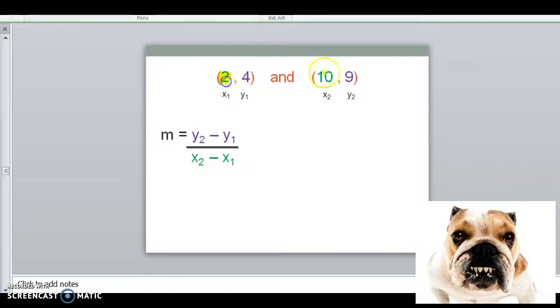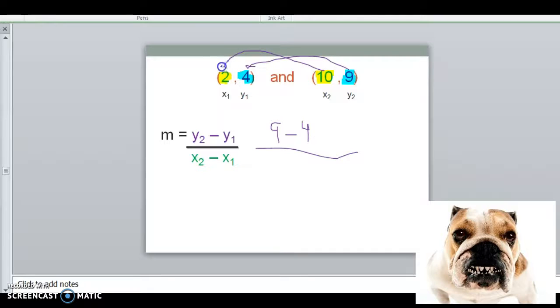I'm going to highlight my x values, which come first in both ordered pairs. Highlight my y values, which come second in my ordered pairs. I'm going to subtract 9 minus 4 over 10 minus 2.